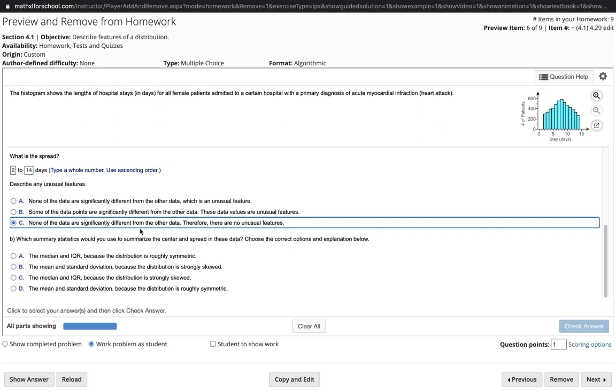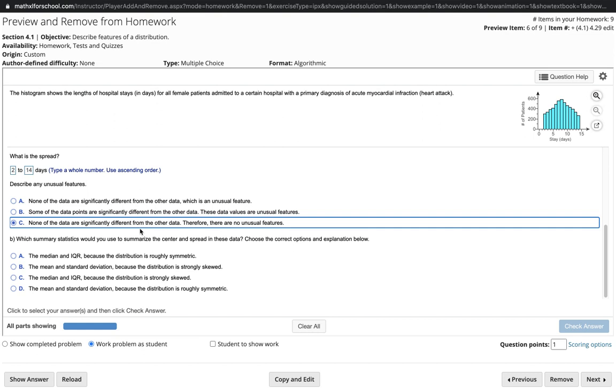Which summary statistics would you choose to summarize the center and spread in these data? Choose the correct options and explanation below. This goes back to what I said before, and I'll say it one more time. If the data is symmetrical, mean and standard deviation are most accurate.